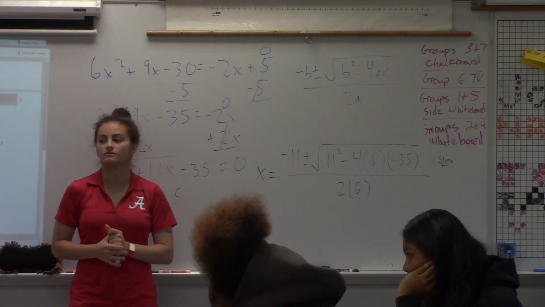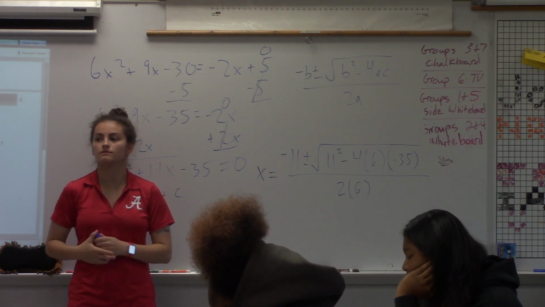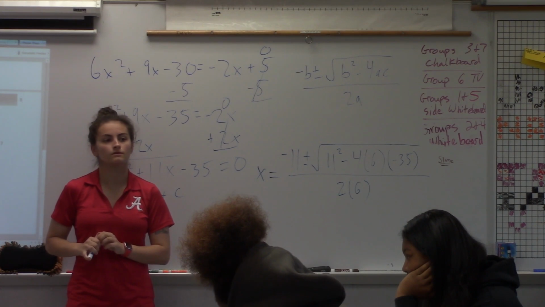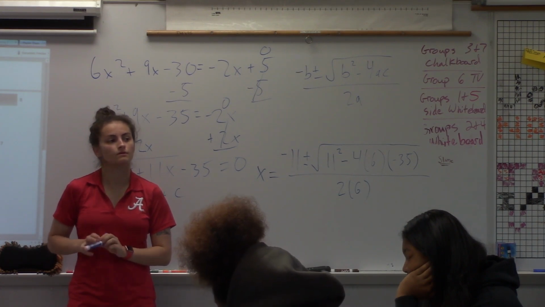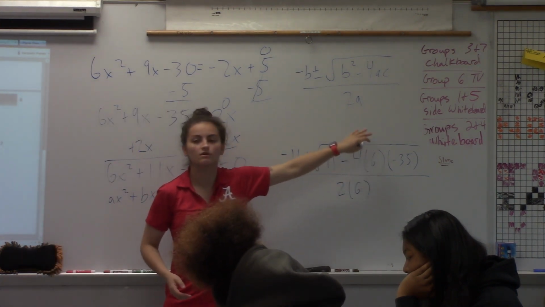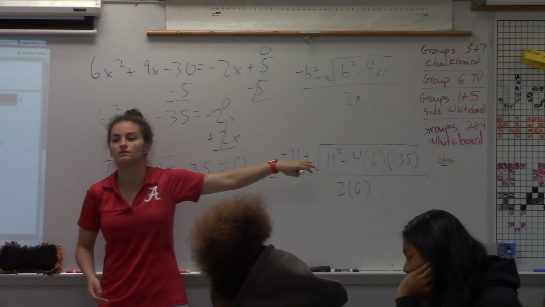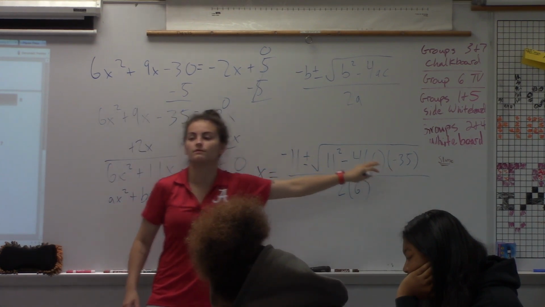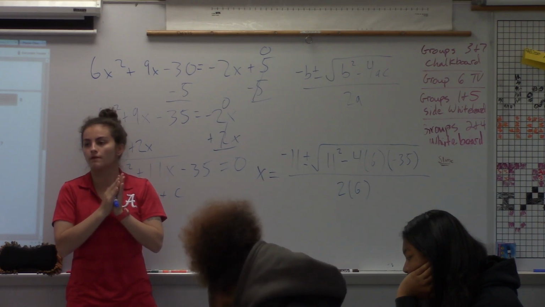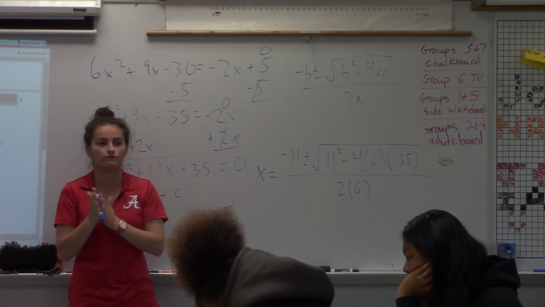Do we have any ideas? So we're trying to simplify an expression. That means that all of these values are the same, right? If these are all numbers, they can be added and subtracted to combine. And that is what we're trying to do here to get an actual value for x.